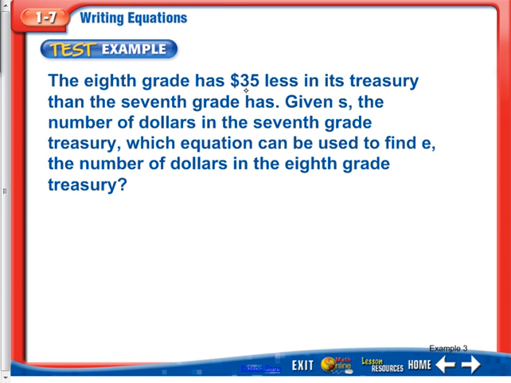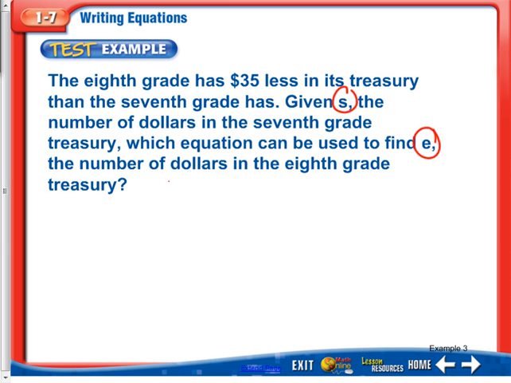All right, the 8th grade has $35 less in its treasury than the 7th grade has. Given S, the number of dollars in the 7th grade treasury, which equation can be used to find E, the number of dollars in the 8th grade treasury? Now, they already gave us variables to use.